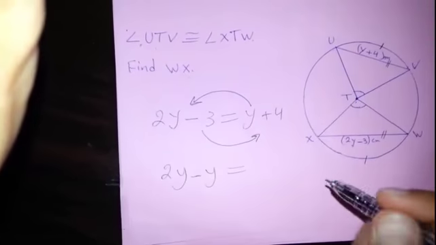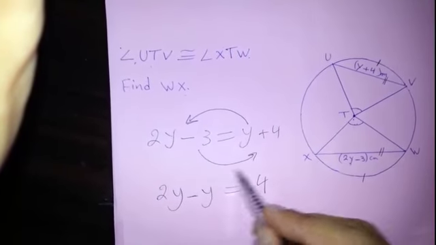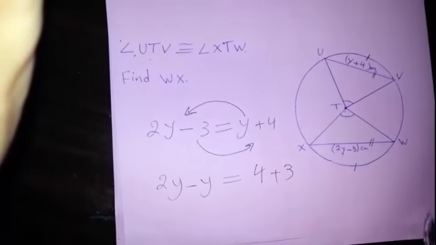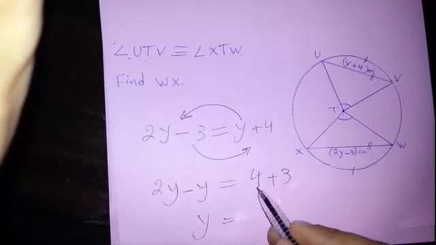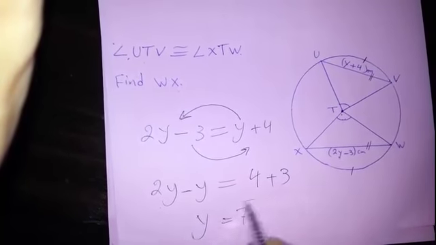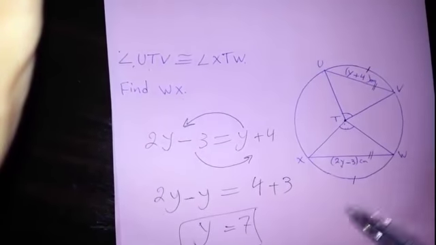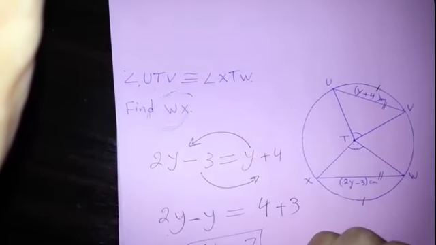And here we have 4, right? Minus 3 will come to this side, we change the sign, it will be plus 3. 2Y minus Y is Y. 4 plus 3 is 7. So now I got the value of Y. The value of Y is 7. I need WX.